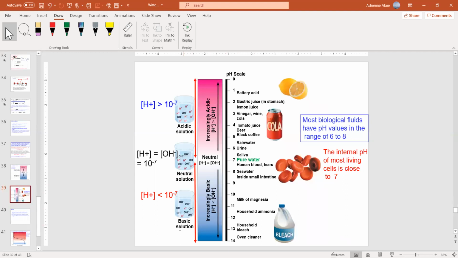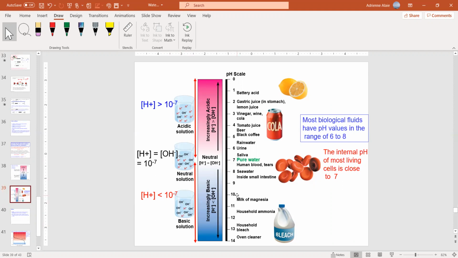Okay. In a basic solution, your proton concentration is less than 10 to the negative 7. So now they tried to show you more OH minuses than H plus in this solution. So it's basic. And you can see that you have the numbers increasing on the pH.